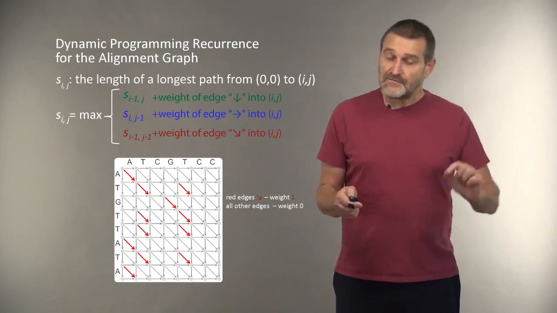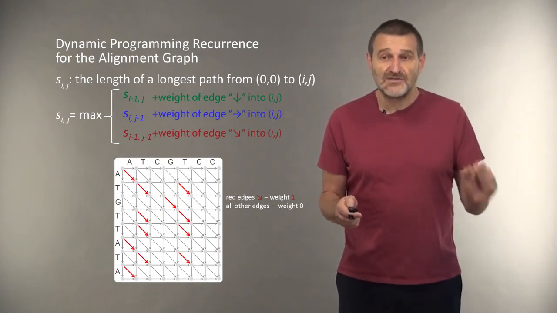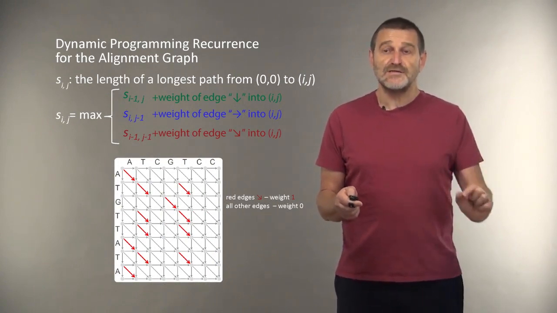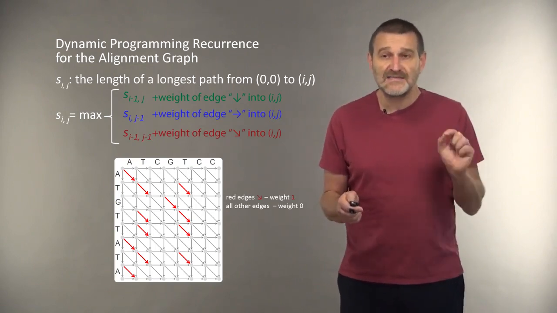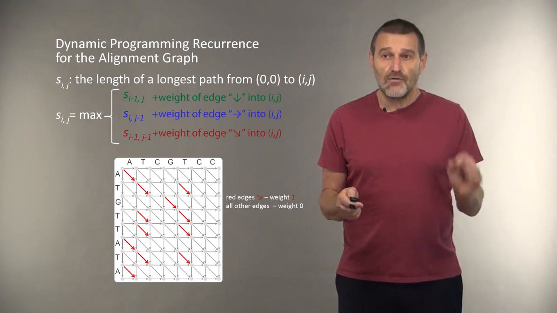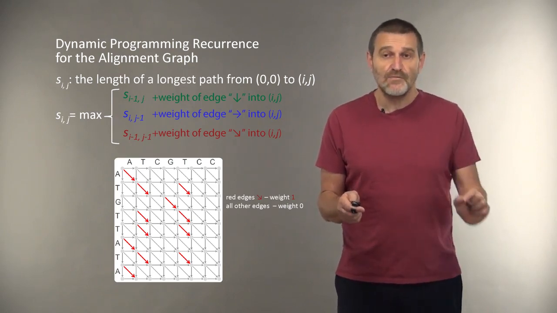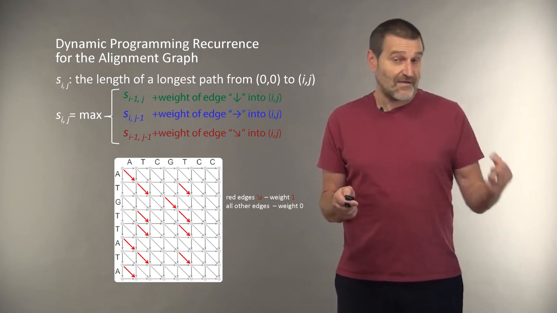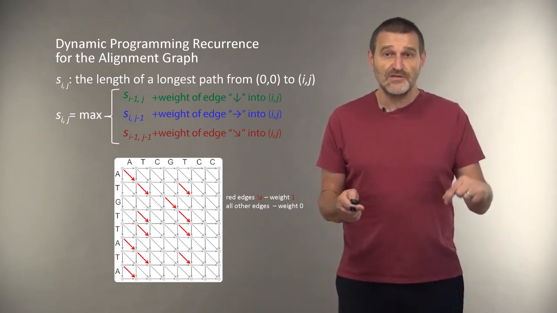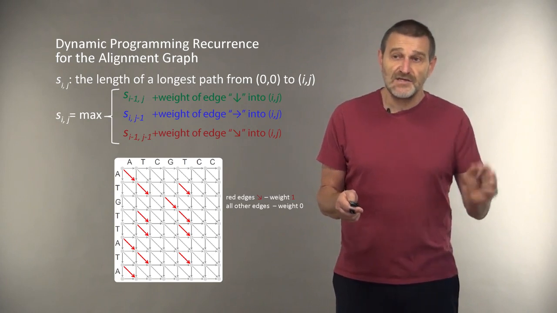As a result, we now know how to construct the recurrence for the dynamic programming in the alignment graph. If we define S_ij as the length of a longest path from (0,0) to (i,j), then in the alignment graph, where we have diagonal edges corresponding to the alignment gate, we have three choices.